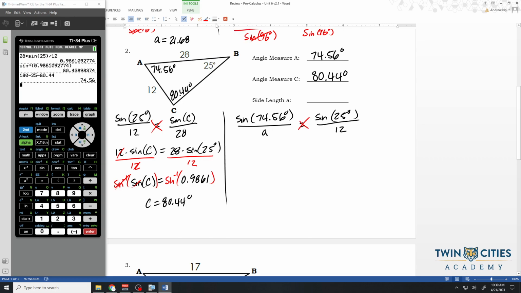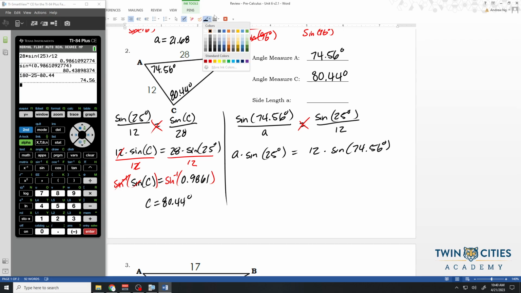Again, cross multiply and solve. So a times the sine of 25 degrees is equal to 12 times the sine of 74.56 degrees. Divide both sides by the sine of 25 degrees.